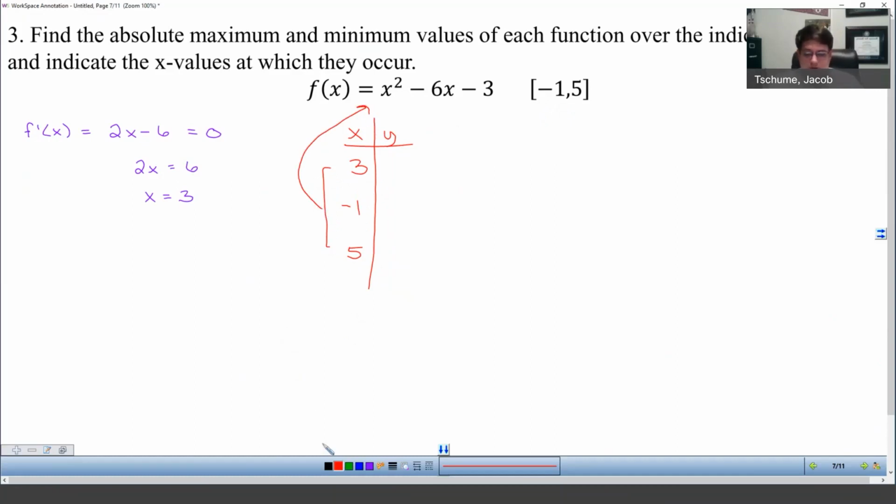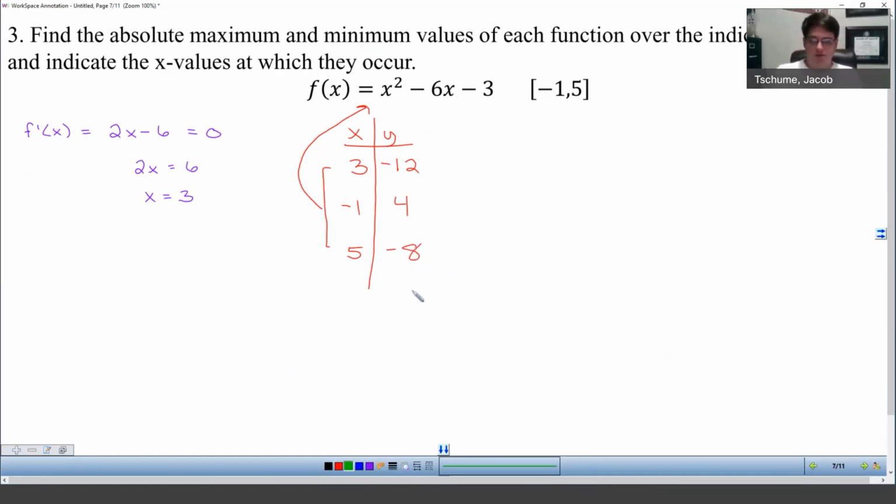So you can pause and follow along if you'd like, and I'm going to knock this out really quick. When I plug 3 in, I got an answer of -12. When I plug -1 in, I got an answer of 4. And when I plugged 5 in, I got an answer of -8.